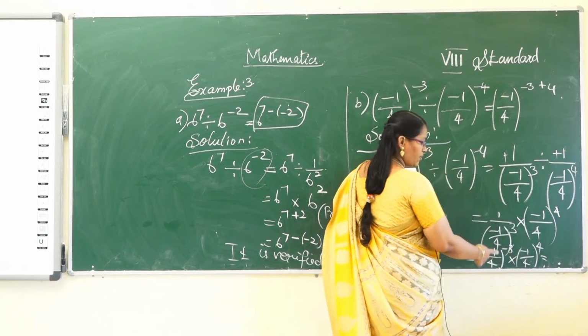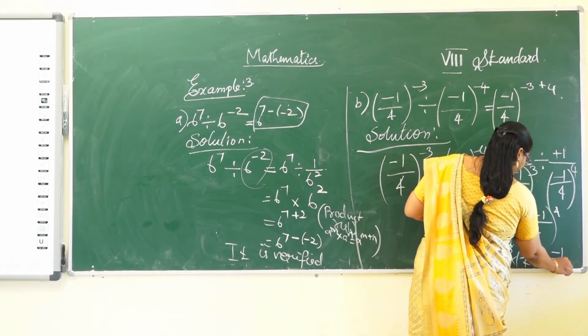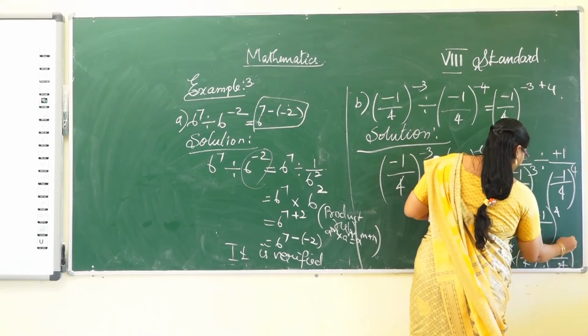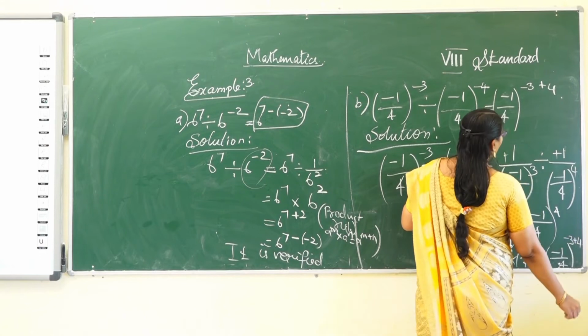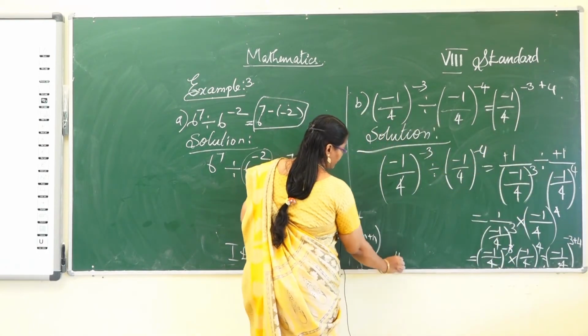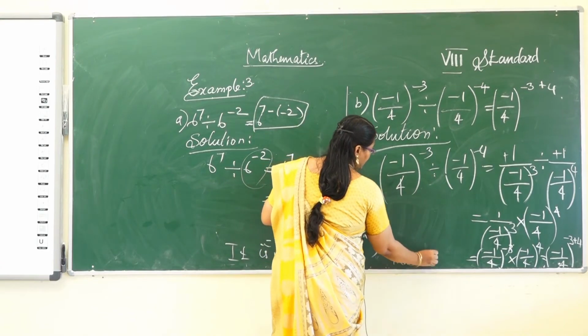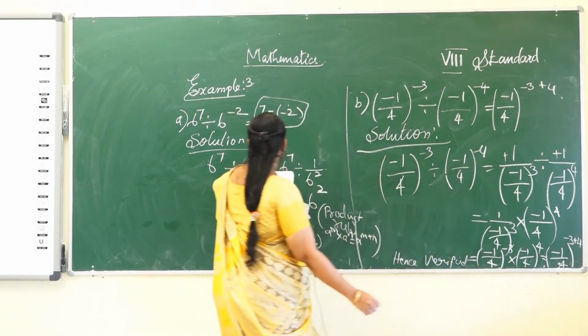Now the bases are the same, so we apply the product rule: (-1/4)^(-3+4). Hence verified. This is another method.